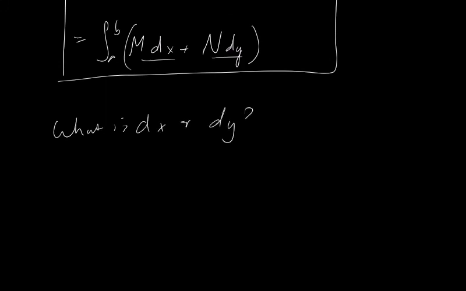For example, if I have my parameterization r of t where x of t is equal to something like 3t squared, then dx is just equal to 6t, right? That's your dx, and same for dy. So that's what these are. I'm not integrating M with respect to x or N with respect to y. They're literally just the derivatives of those parameterized functions.